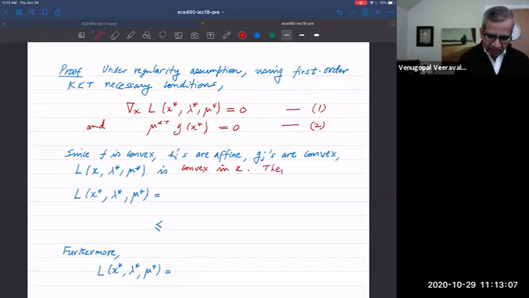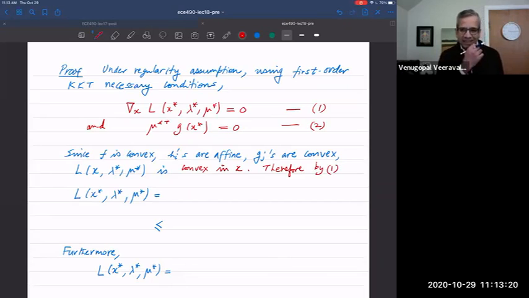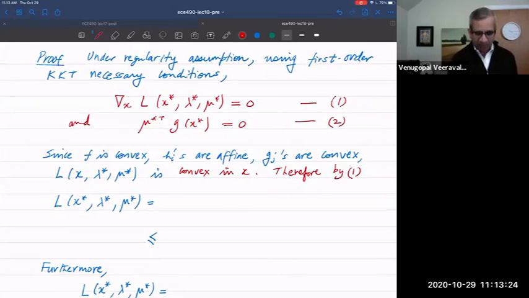Therefore, if you plug in the first condition, we know that this is the minimum, because since we have convexity, the gradient equal to 0 guarantees that we have a minimum. x star is the minimum.